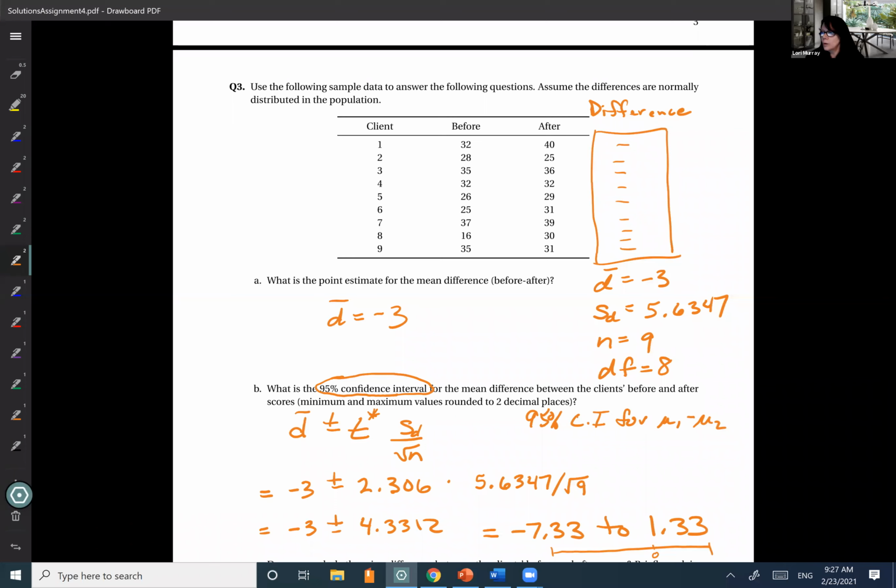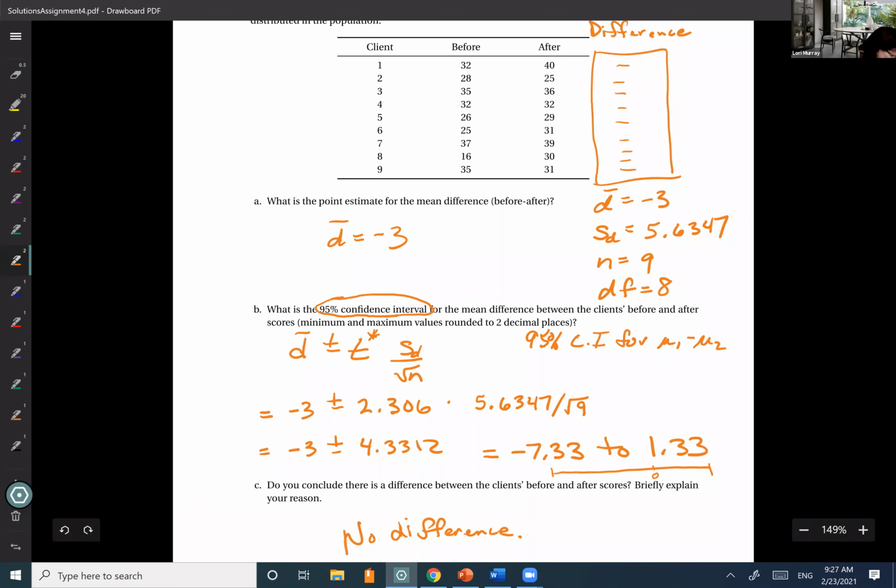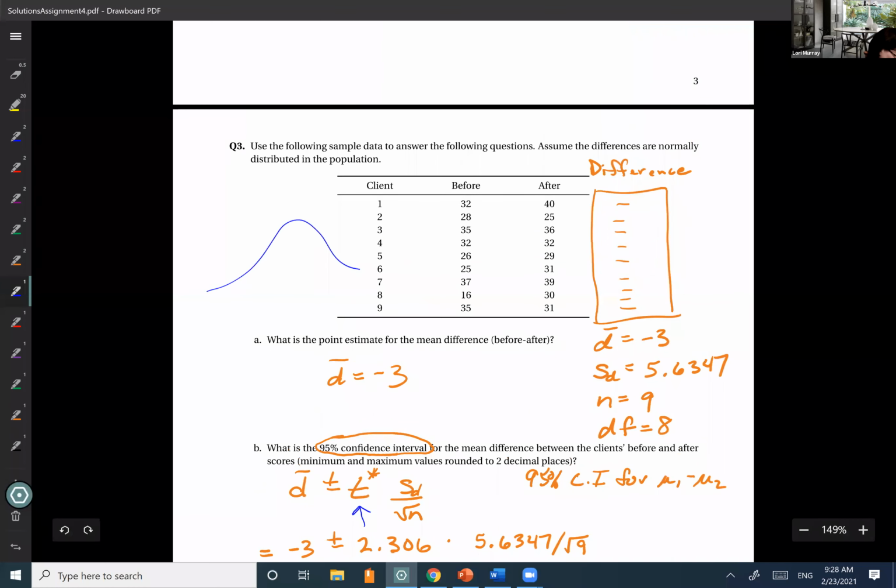Okay, question, why use 2.306? I'll use a different color here to show. 2.306 is our critical value T star, and it corresponds to, let me draw it up here, this is T star here, and there's going to be a negative T star here, because remember it's plus or minus T star.